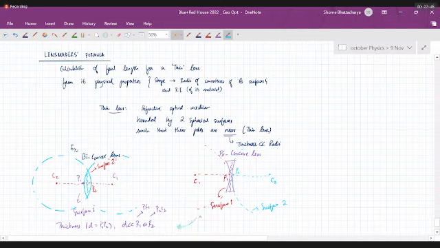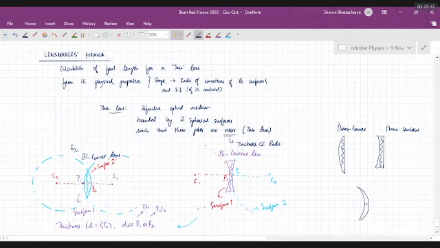So again, all this applies to it. Similarly, you have other varieties of lenses, like the plano-convex lens, plano-concave, concavo-convex, and so on and so forth.